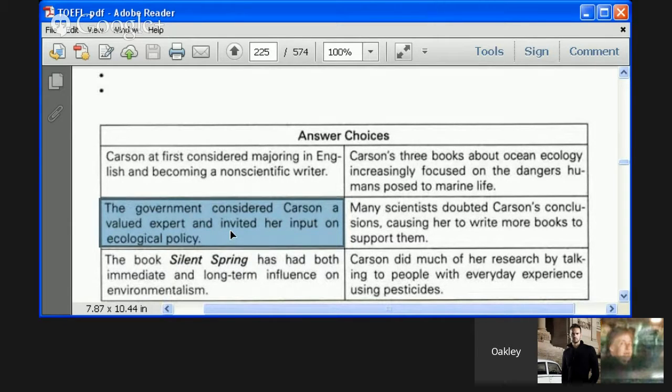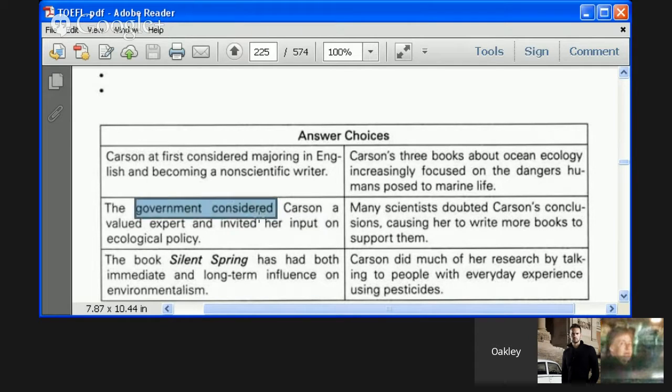The government considered Carson a valued expert and invited her input on ecological policy. This match. Okay. All right. It more or less does. The government, of course, is supposedly or hopefully representation of the public, or it's supposed to be.